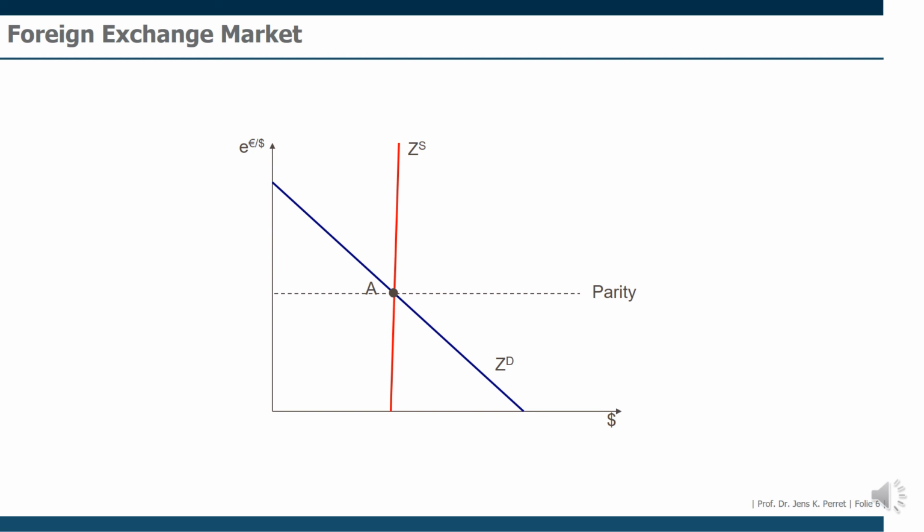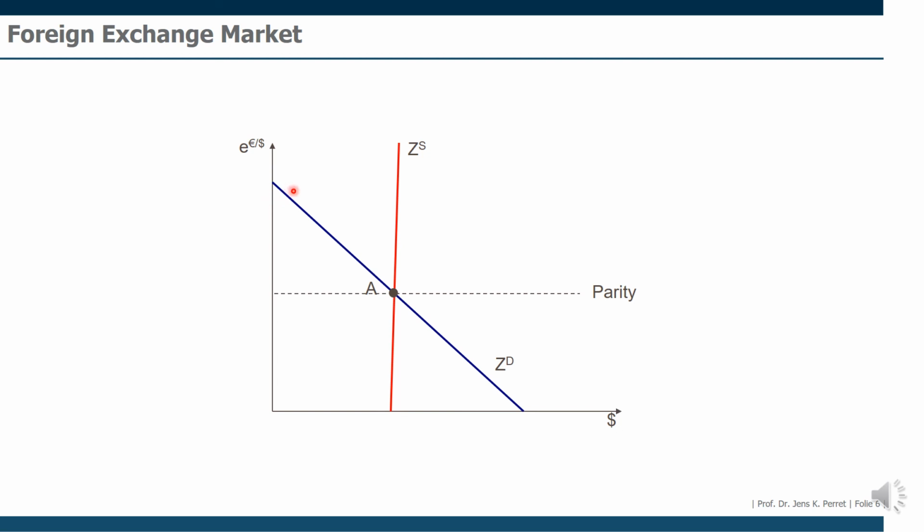Well, as I already said, the main actor on the foreign exchange market is the central bank, especially the main supplier is the central bank, and the central bank offers a certain amount of foreign currency in this regard, so that's why it's fixed. The demand for currency can have multiple reasons, multiple origins.